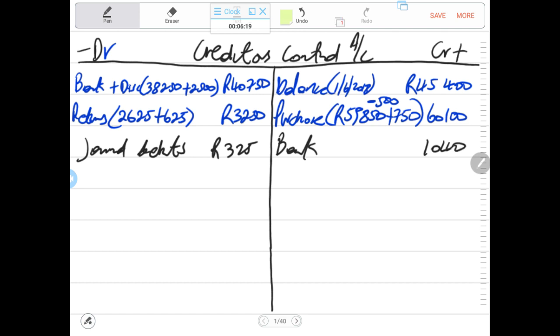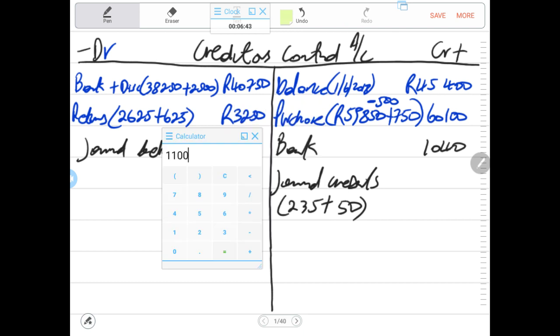Then we have general credits. Our general credits is made of 235 plus the 50 Rand.